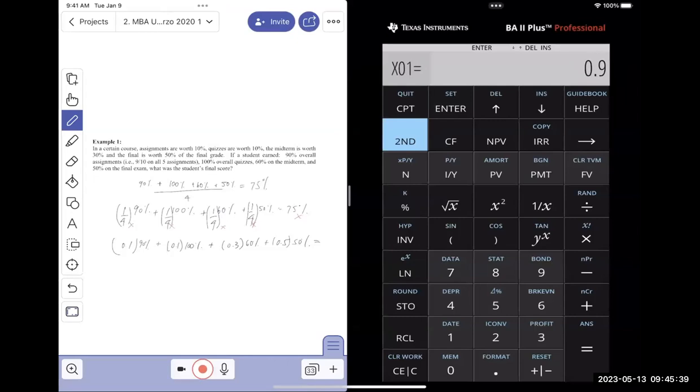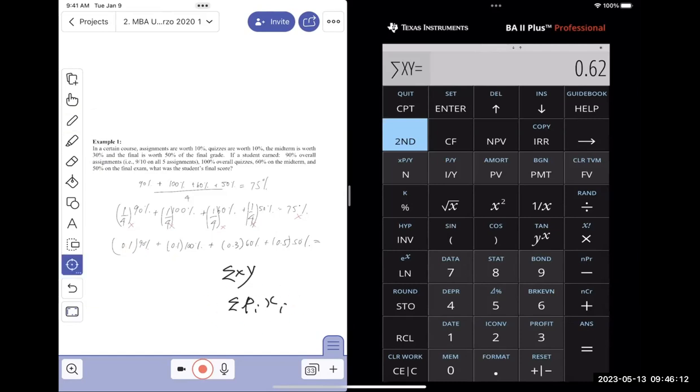And then I'm going to ask for the statistics, second stat. And what I'm going to do is use the up arrow to scroll up, because it gives me the multiple x times y plus x times y plus x times y plus x times y. And in our case, it's going to be like the probability times the value, right?